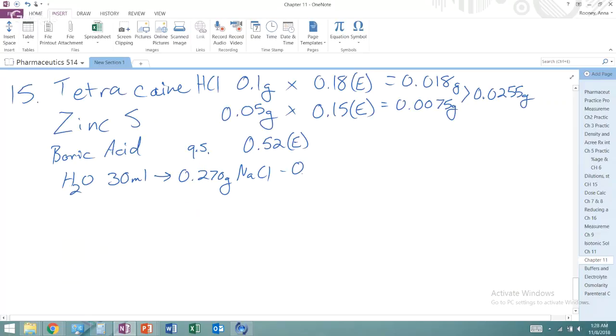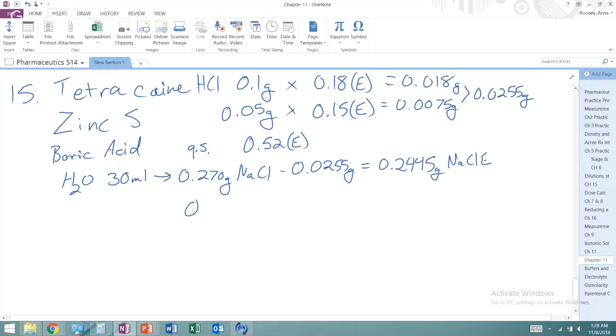So then, we're 0.0255 grams sodium chloride equivalent. You find that is 0.2445 grams, but that is your sodium chloride equivalent amount, but we need boric acid.